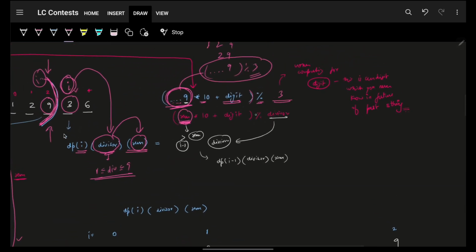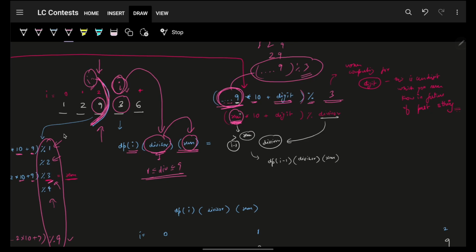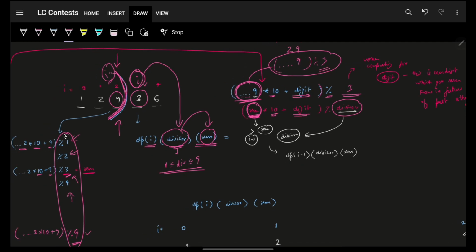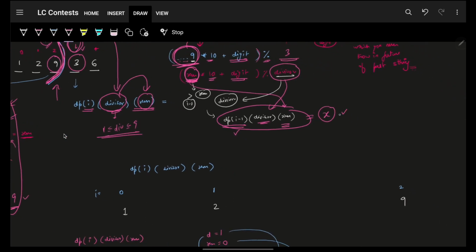For every index, I go on to the previous state, which means the previous remainder. Previous remainder multiplied by 10 plus digit, with some specific divisor, can give me some set of results. That result is stored in the dp of I minus 1 with this current divisor. With the previous remainder giving me, let's say, x number of substrings ending at index I minus 1, then if I extend it by one more character, at the current index with the same divisor but with the new remainder.